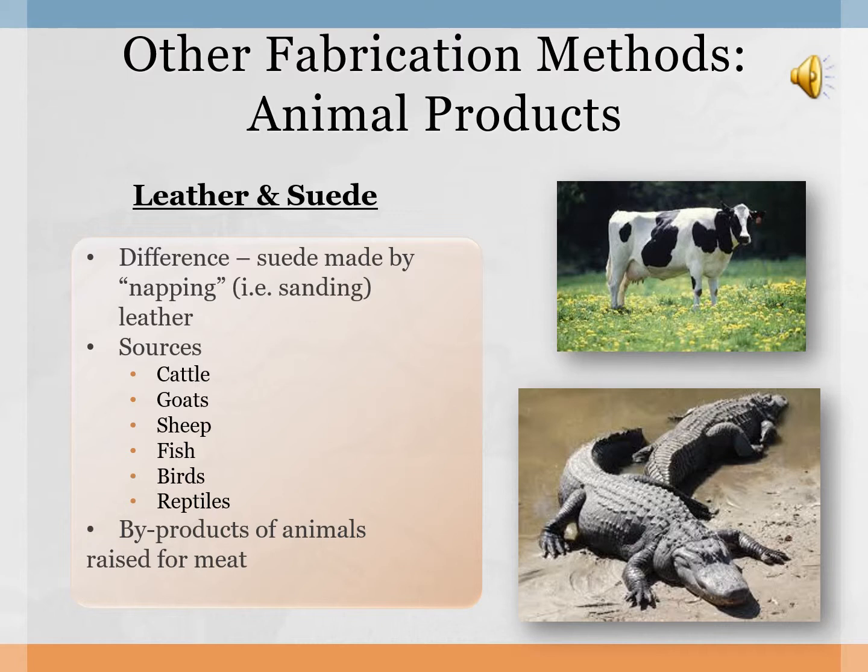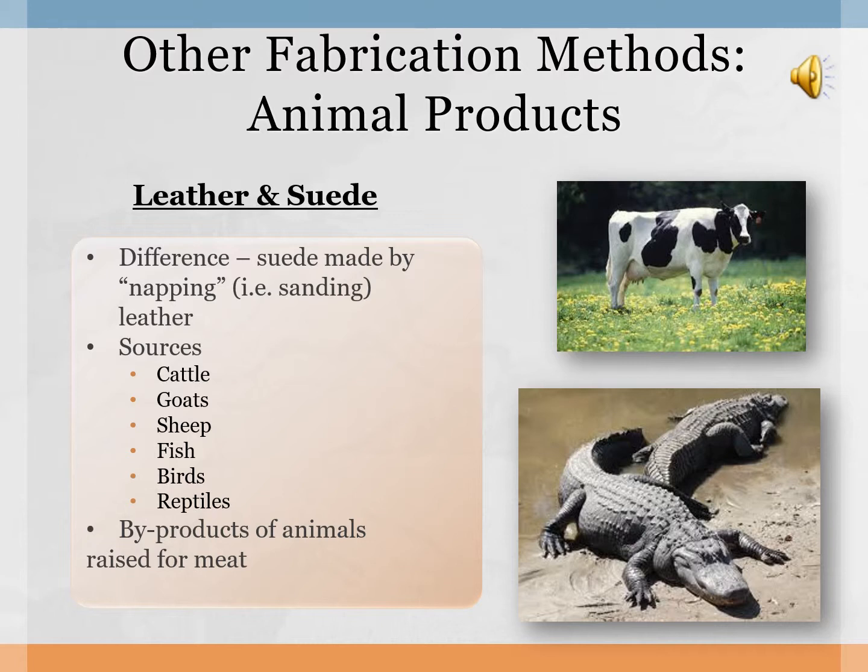Originally it's coming from the same place. And those places are cattle, goats, sheep, sometimes fish, birds, and other reptiles. So snake skin, alligator skin, all those types of products are generally considered to be leathers coming from those animals.